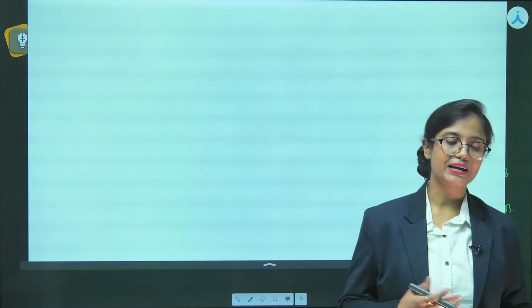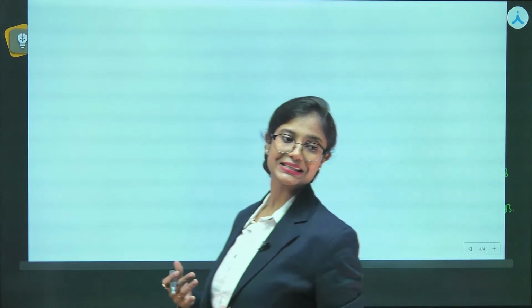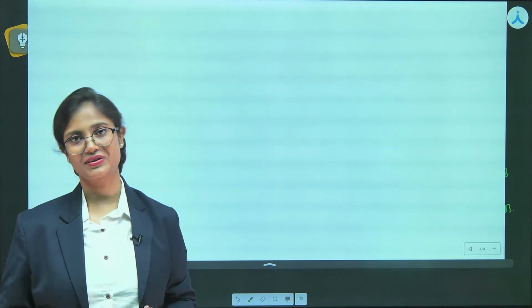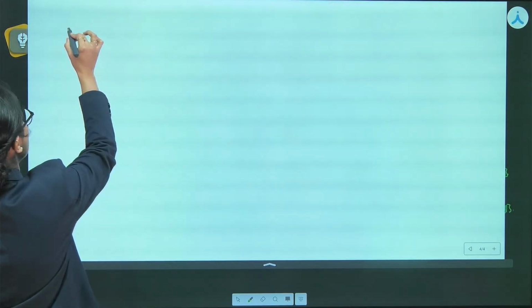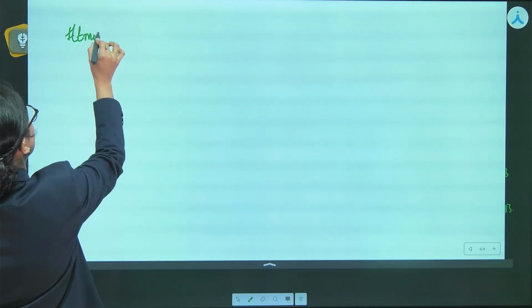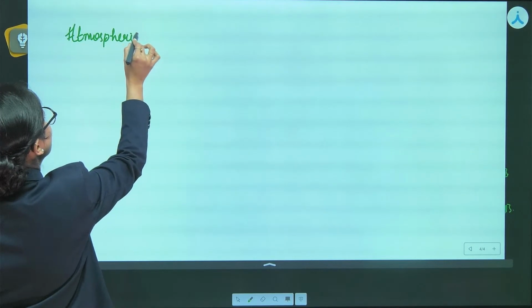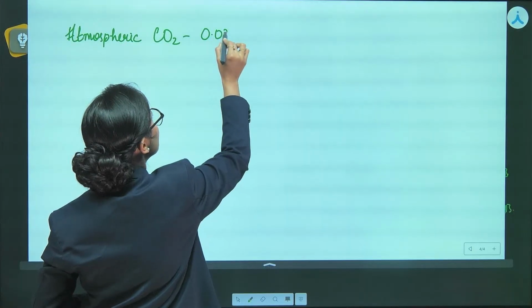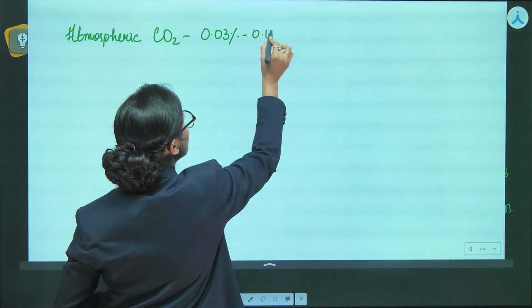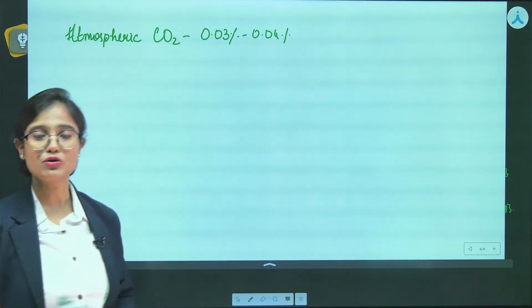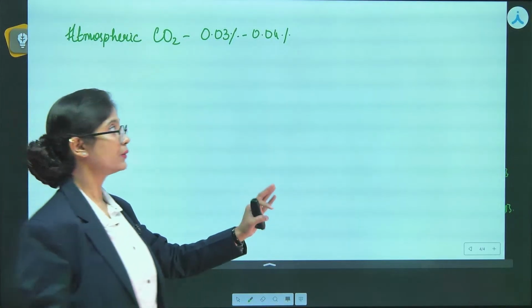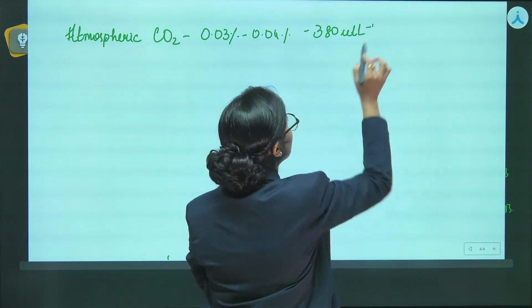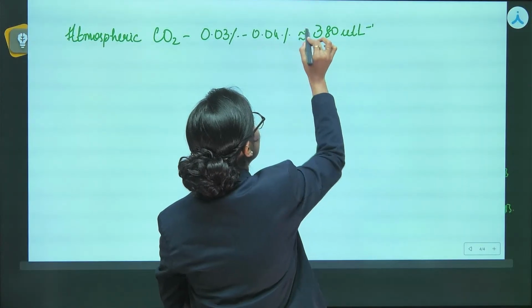There is carbon dioxide concentration in the atmosphere, and there is the internal carbon dioxide concentration. If we talk about the external, atmospheric carbon dioxide concentration, in our atmosphere we have only 0.03% to 0.04% of CO2, right, which is around 380 microliter per liter.